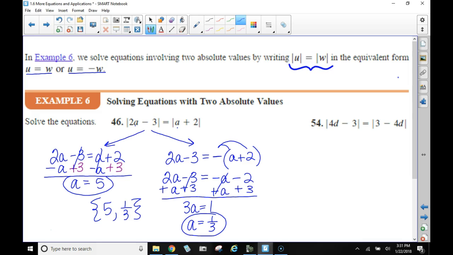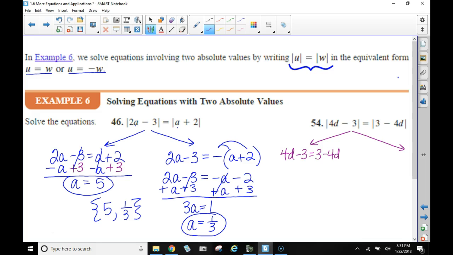Now, over here on number 54, we again have an equation with two absolute values. So to make sure we get all of the possible answers, we will say 4d minus 3 equals 3 minus 4d. That's one of them.